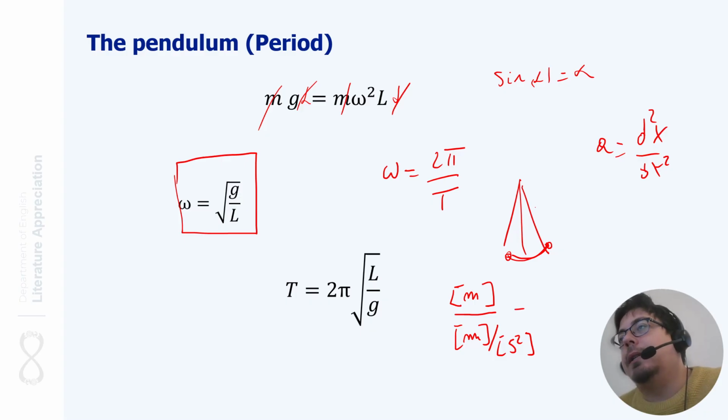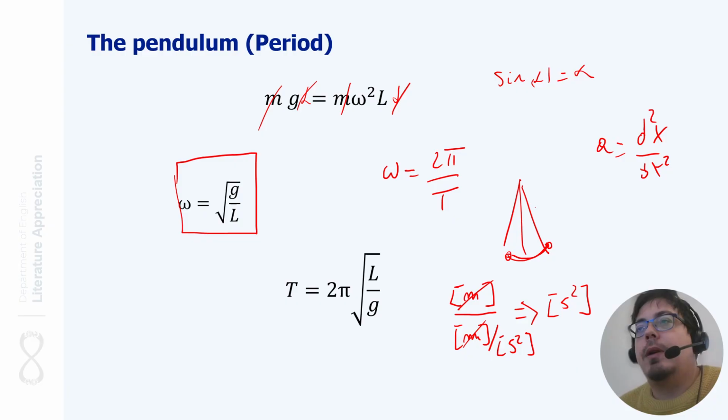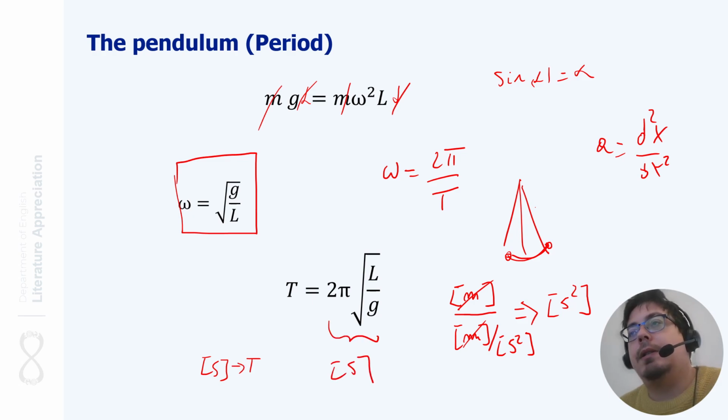So the meters simplify, the second squared goes up, and if we take the square root of second squared, we get seconds. So the period is in seconds, and this equation has the dimension of seconds. So we are good. We know that what we've done is correct.